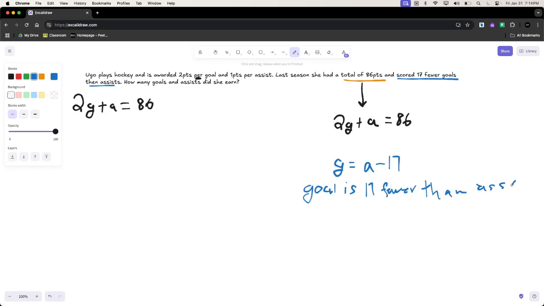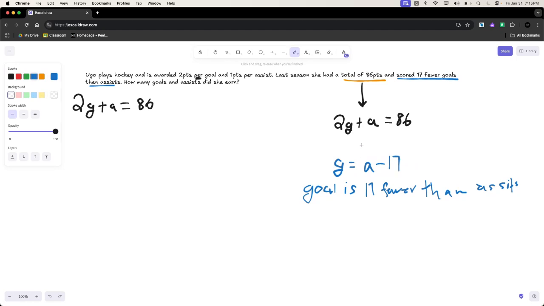All right. Excuse my horrid handwriting, but that's essentially all it's saying, right? Because with this minus 17, you're going to be taking out 17 assists, right? Which would mean that goal would be 17 less than assists.